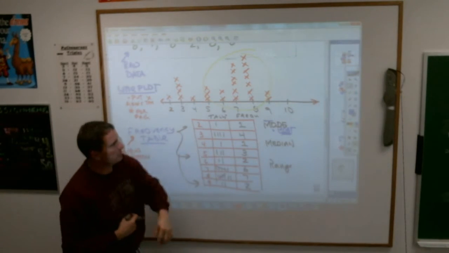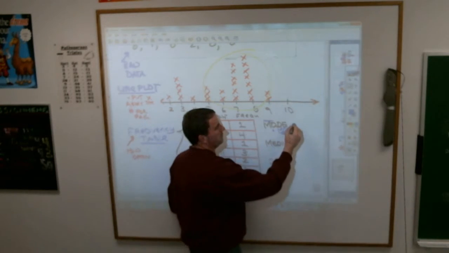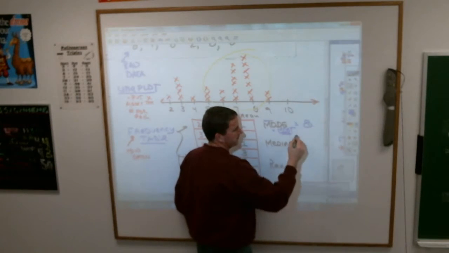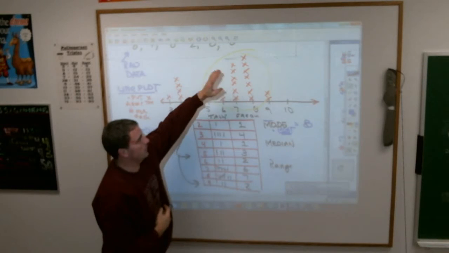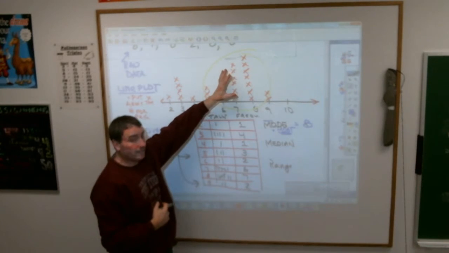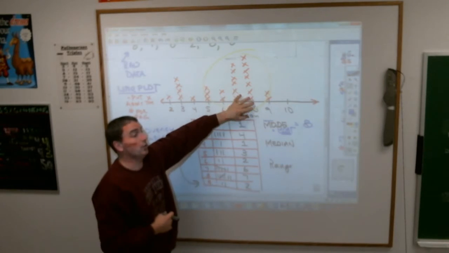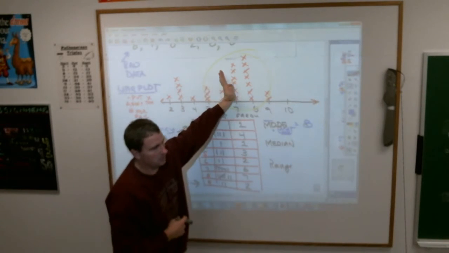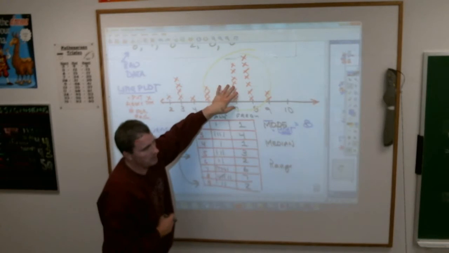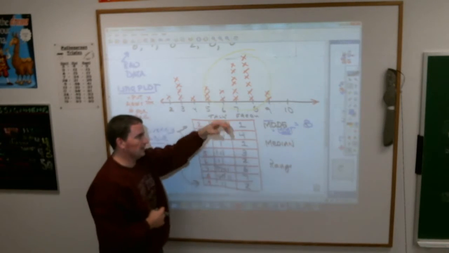The mode in this is 8. Now, if there would have been another 7 and they were tied, then you can put them both down, 7 and 8. If no number appears the most, like all of them are tied, then you just say it doesn't have a mode.